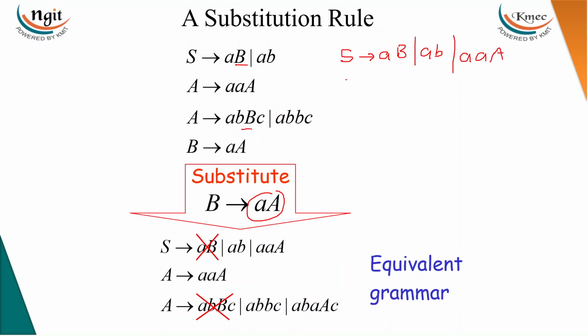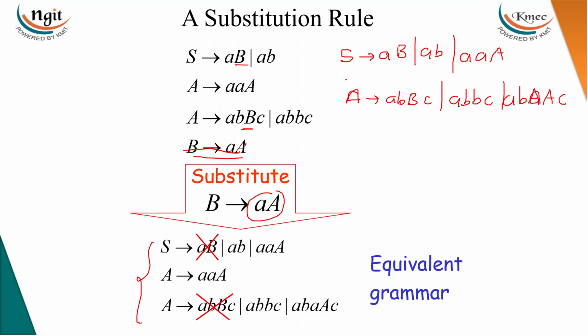Again we have a B here, so you substitute AA. A tends to AB, BC, you keep that as is. Then AB, BC and AB, AAC. In place of B, I have substituted it. Then this we remove again. Now see, already we have substituted two productions.